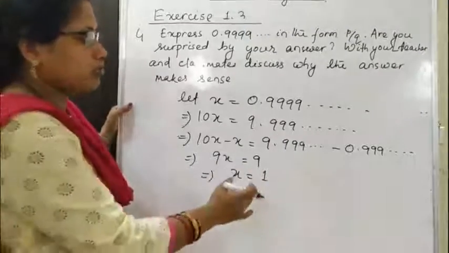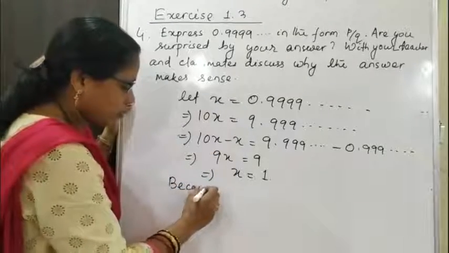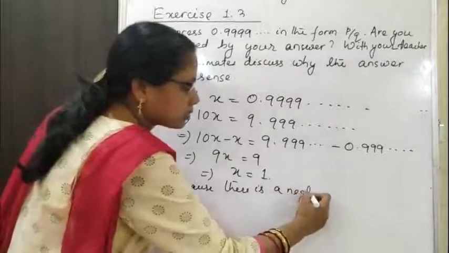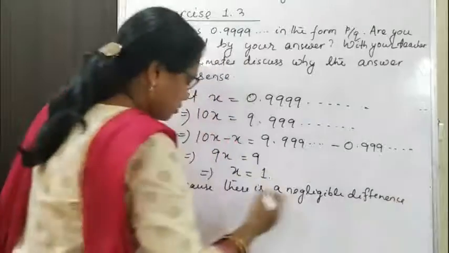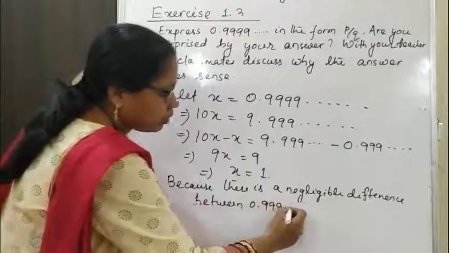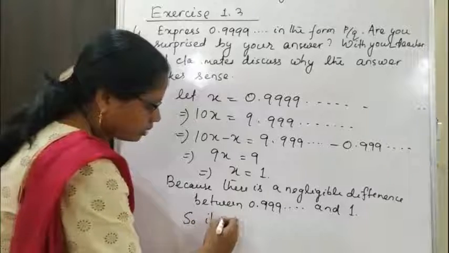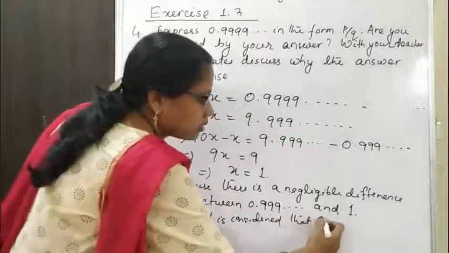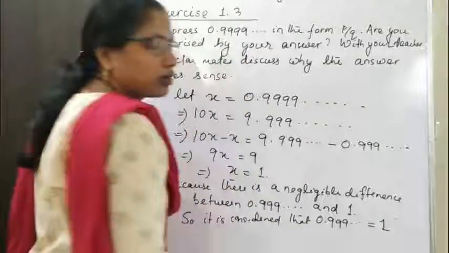So you may be surprised whether this is equal to 1 or not. Because there is a negligible difference between 0.999 up to infinity and 1, it is considered that 0.99 up to infinity is approximately equal to 1.